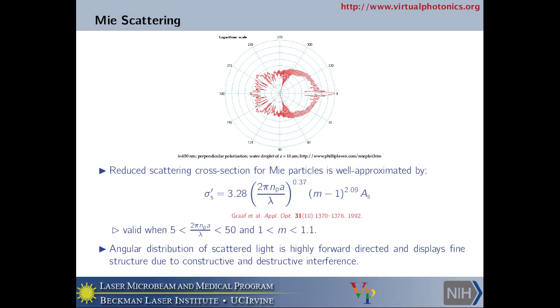The other thing I want to emphasize is that this is very structured. You see how many ripples, undulations there are. And this is because physically, the wavelength of light here is 650 nanometers, and the particle is 10 microns. So you can imagine you have this huge particle and this wavelength of light which has a lot of oscillations.